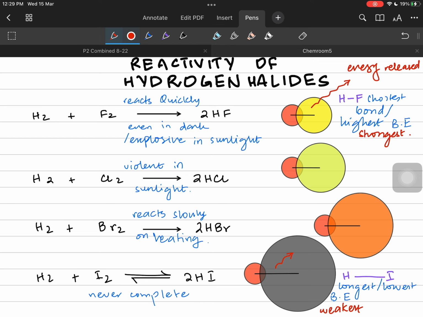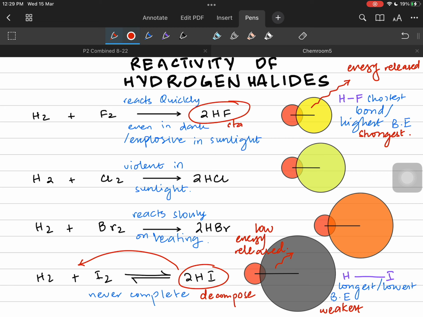That is why, even on heating, it does not reach completion, because it's not a very exothermic or feasible reaction. It will release very low energy. And that is all because of the bond lengths. HI will immediately absorb heat energy, the bond will break down and make H2 and I2. That's called decomposition, because it's easier to break the HI bond. But HF is very stable because of the short bond and stronger energy.